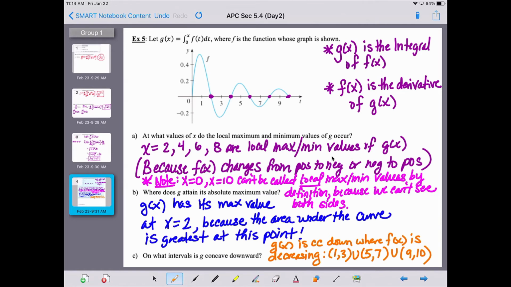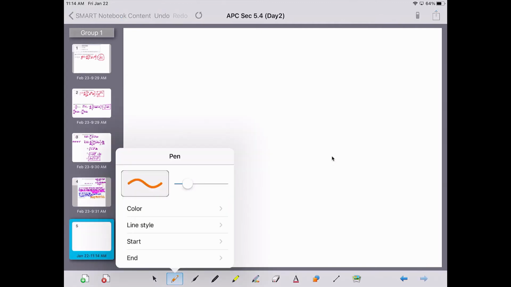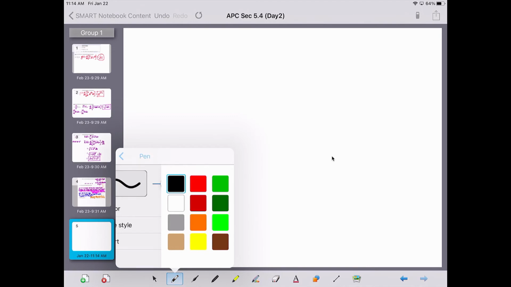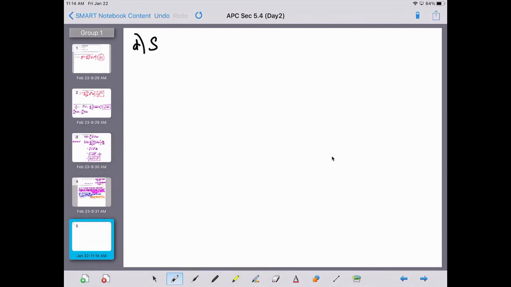And then finally, part D is asking us to sketch the graph of g. And we just did a similar problem in our last section of notes here. All right, so remember how we did it in our last section of notes.